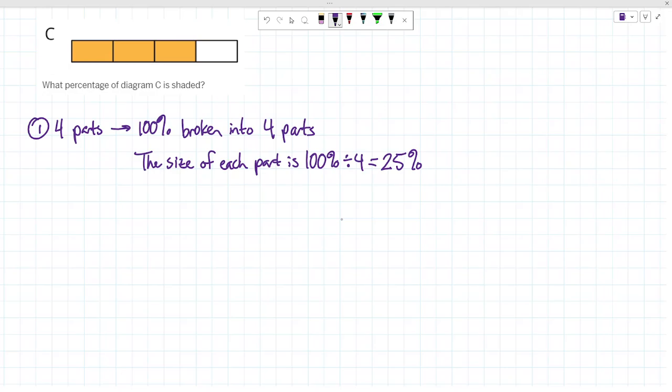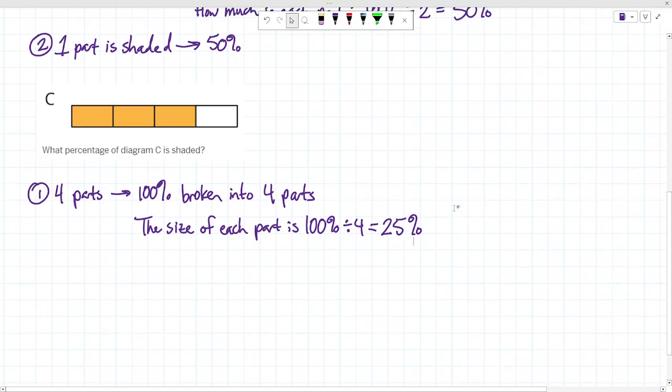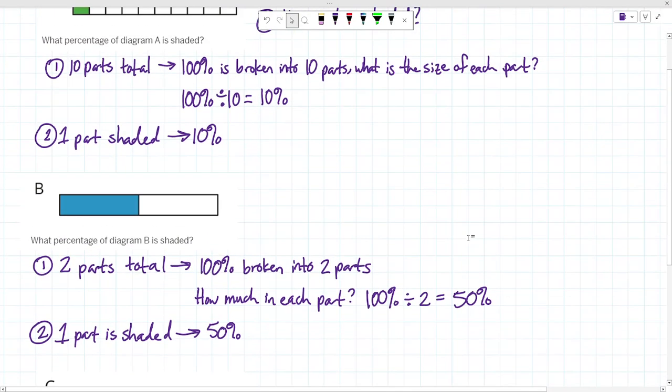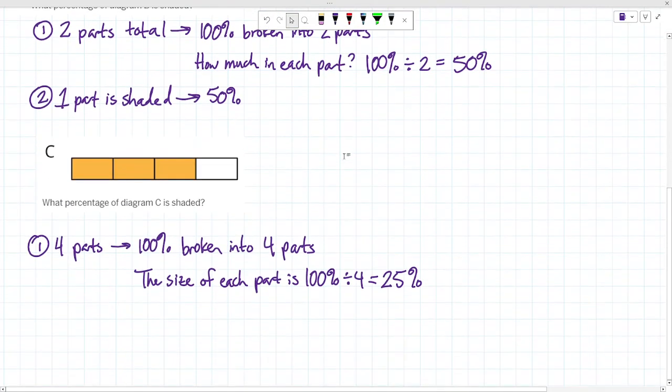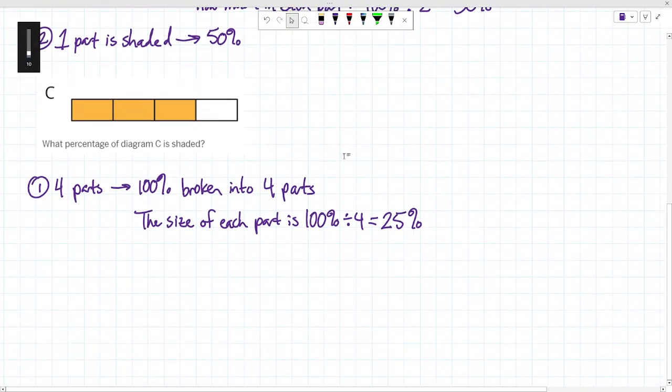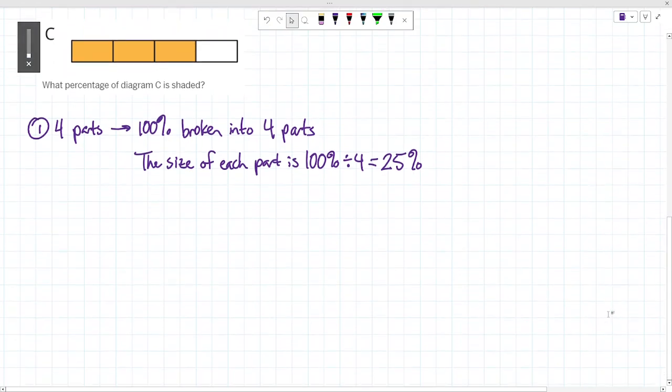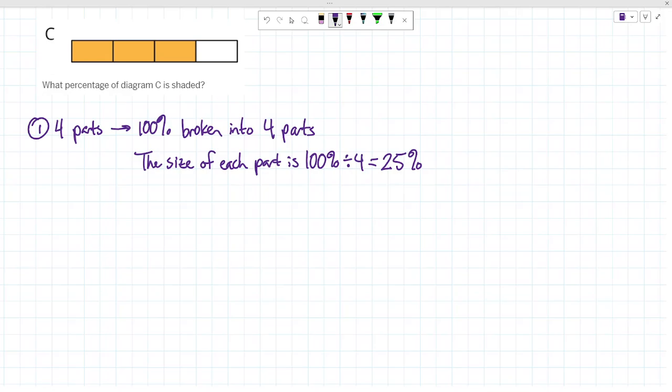But how is this problem different from the other ones that we did? What makes C different? We can even go back and look. What makes C different? So C is different because multiple parts are shaded, right? We can see that. So we're going to have a little extra work to do.